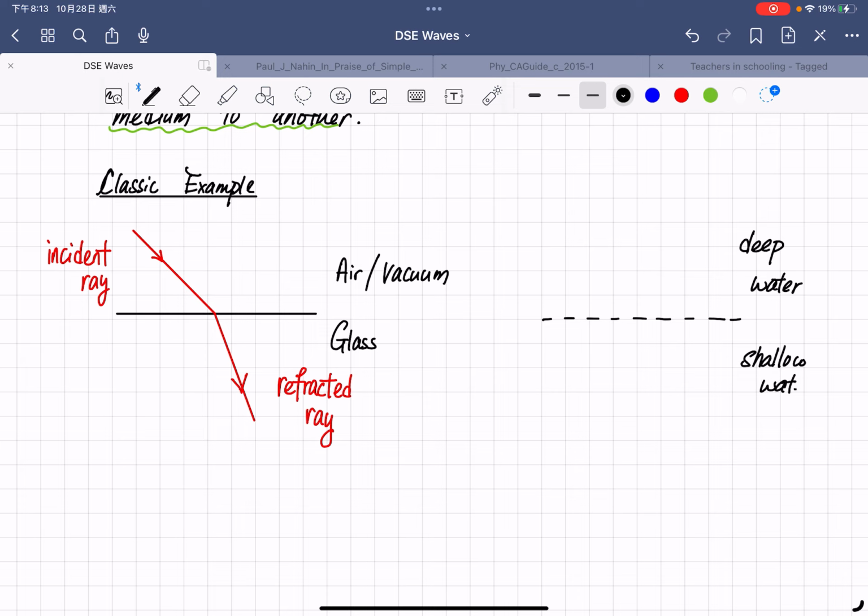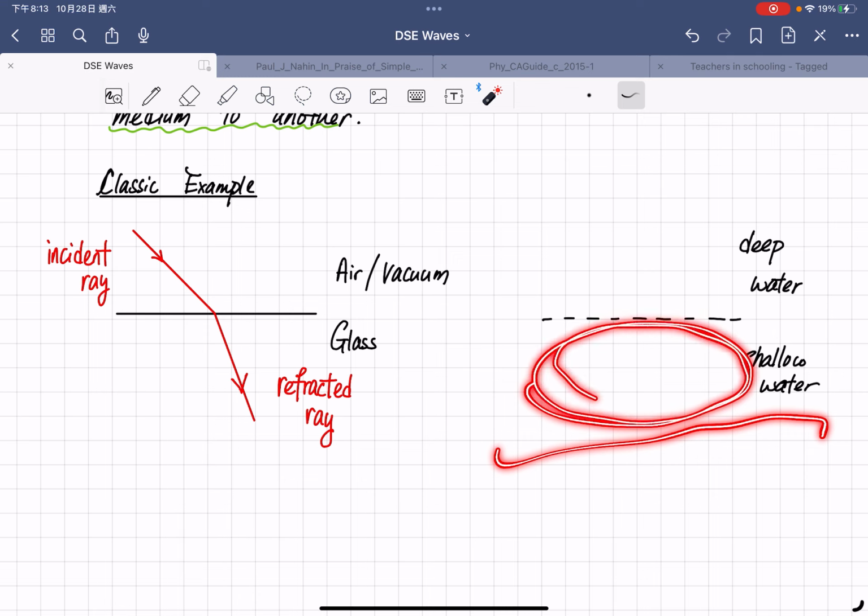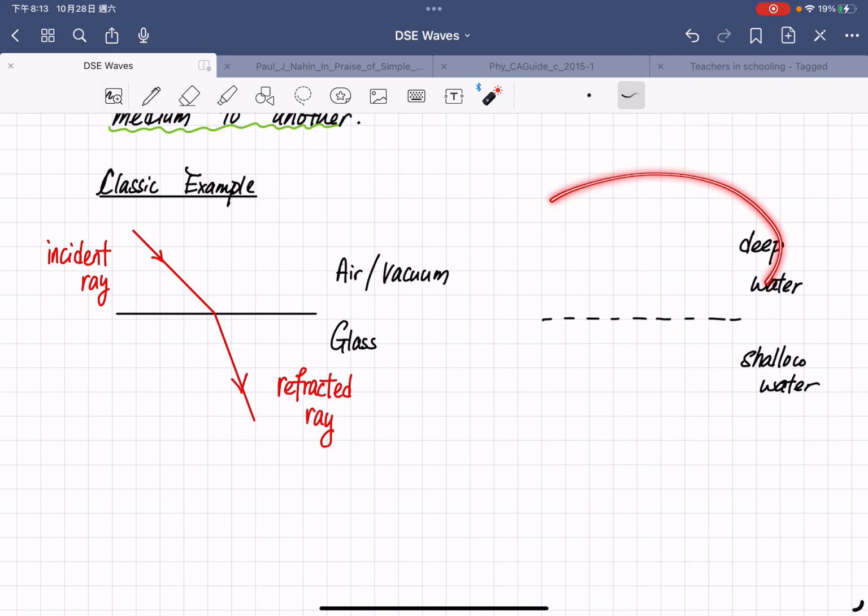You can imagine that this is close to the beach, so this is a region with shallow water, while this is closer to the ocean, where the water is deeper. And then I can still have the ray representing the direction of the energy transferred through the water wave, and it will also bend this way. So it will also involve a change in the direction of energy transferred.